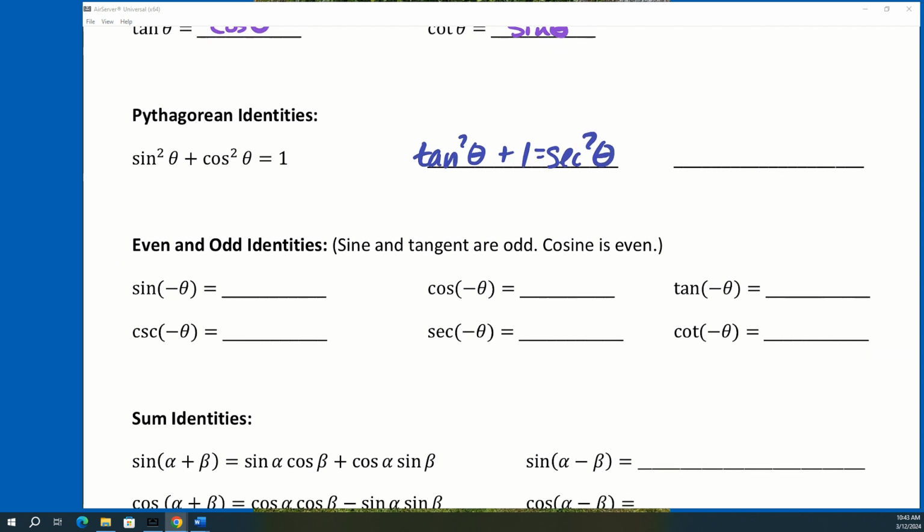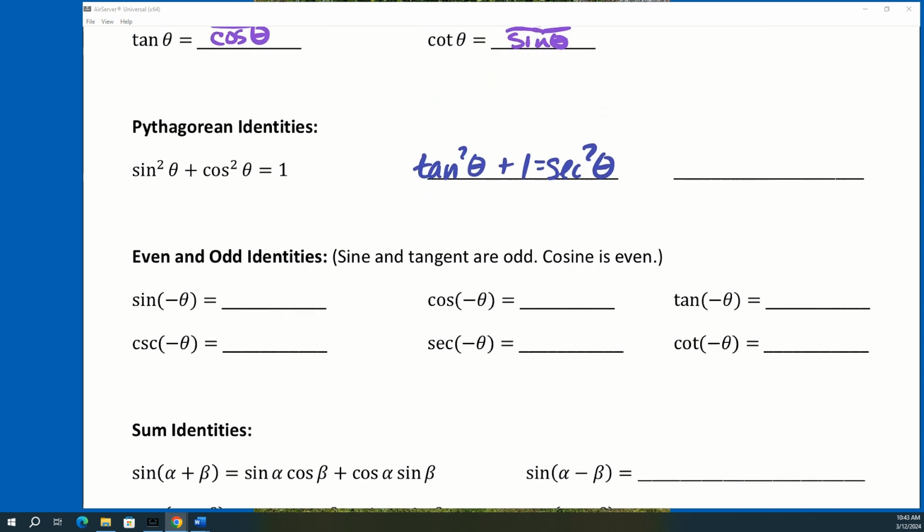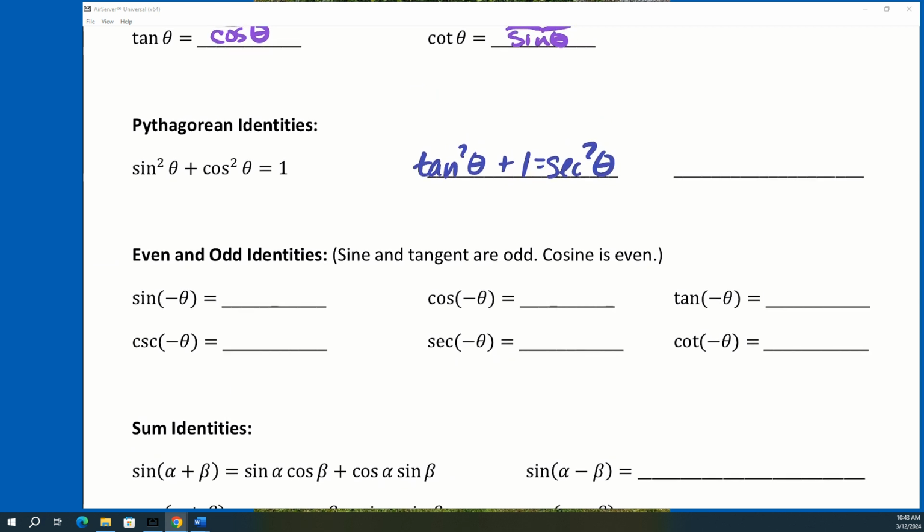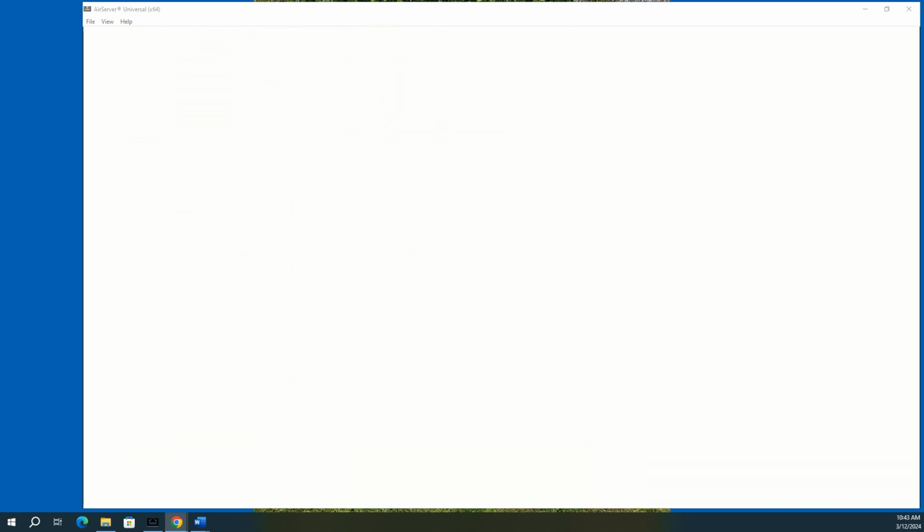All right, and then you are going to figure out the third Pythagorean identity on your own. So this time, I want you to take sine squared of theta plus cosine squared of theta equals 1, and this time we're going to divide by sine squared.